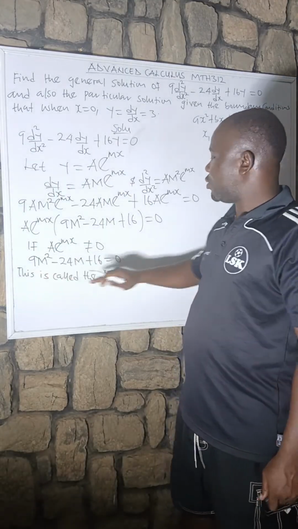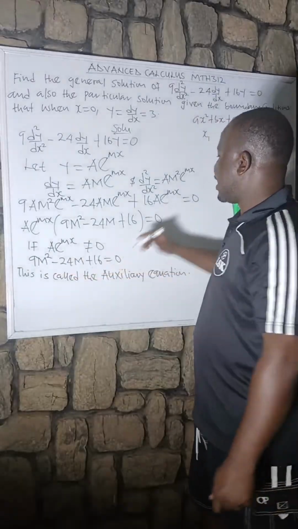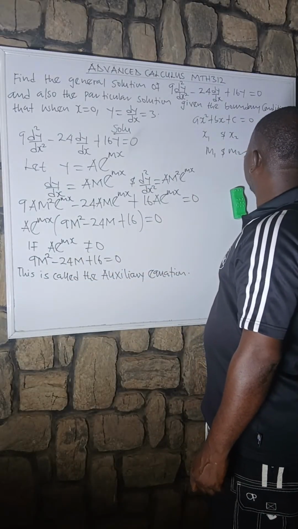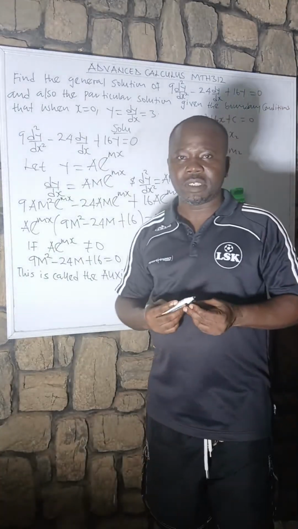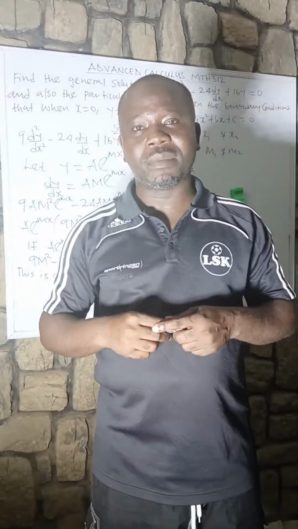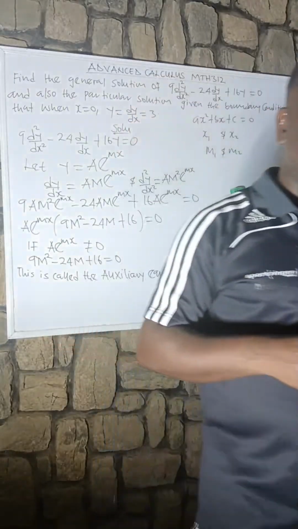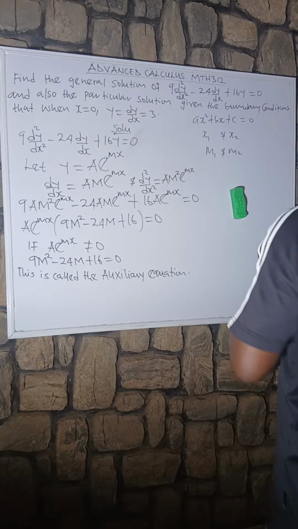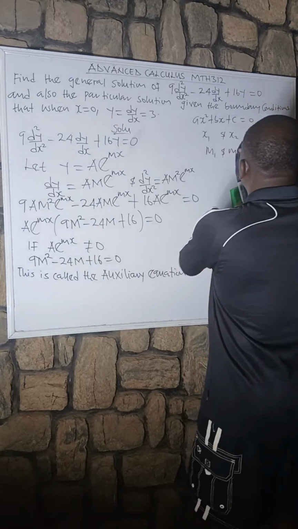The roots will be, since we are using m, m1 and m2. Do you agree with me? Any question? Please drop it in the comment section if you have any question. Okay, no question, so it means we can proceed. Let us proceed.